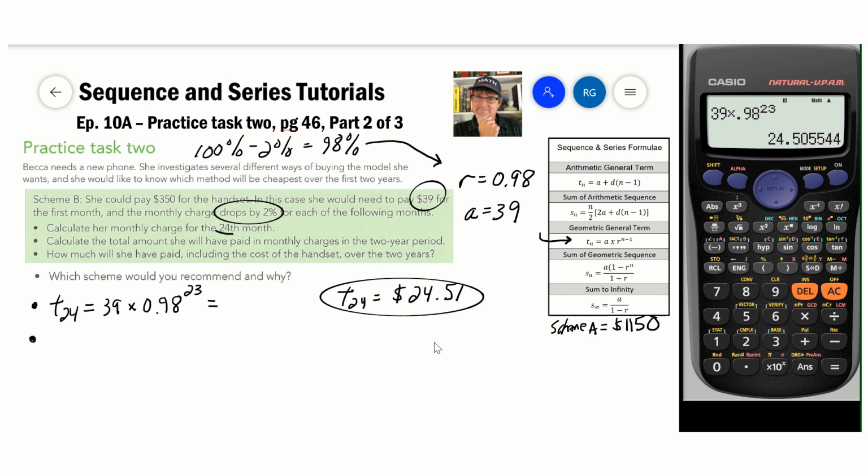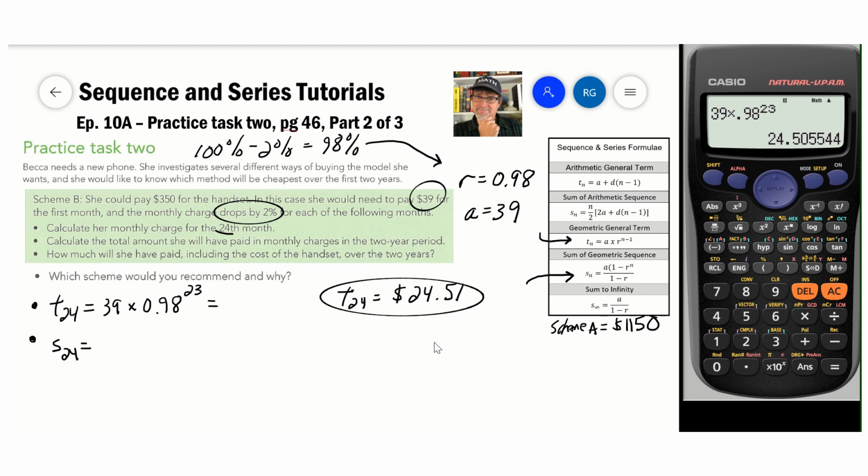Calculate the total amount she will have paid in monthly charges in the 2-year period. All right, well, just like in part 1, what they want you to do here is add up the sum of all her payments over those 2 years. So that's where we're going to use this formula, sum of a geometric sequence. Okay, we've got our A and our R and our N. We just got to plug them into S24.